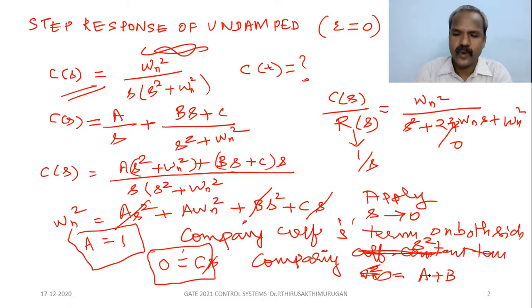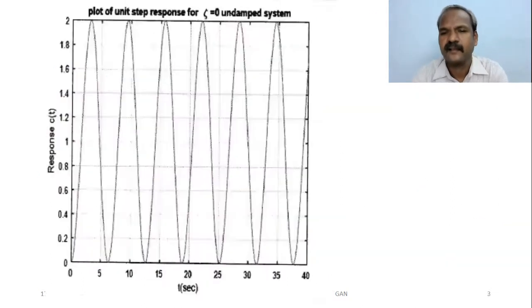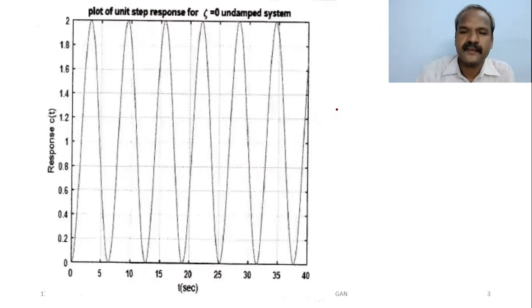So A equal to 1, then B equal to -1. Okay, B equal to -1. So finally, what we get for C of S: A equal to 1, B equal to -1, C equal to 0.